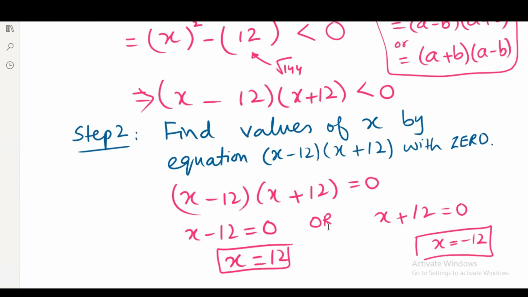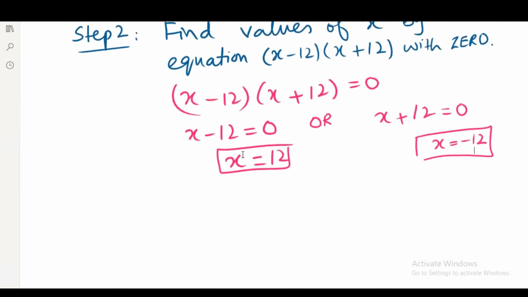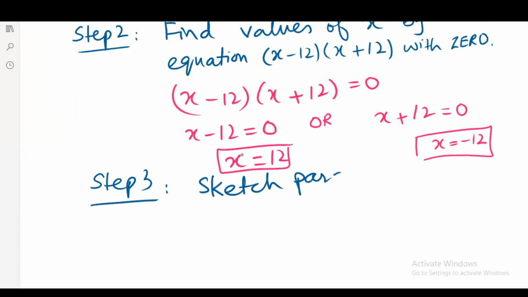Now, step number 3 is to sketch the parabola.